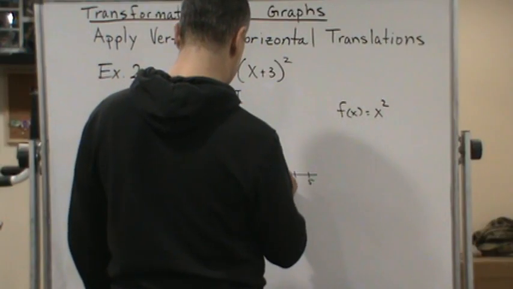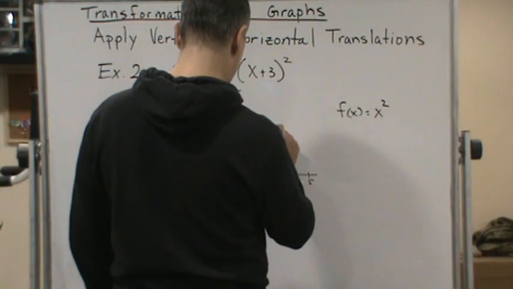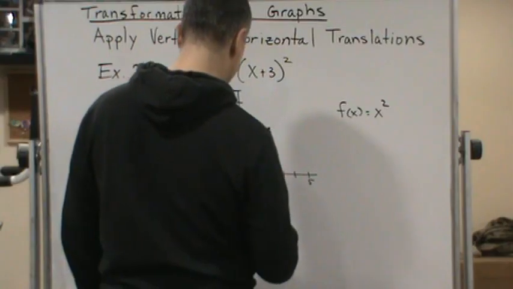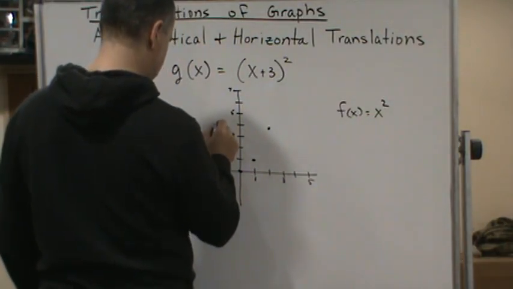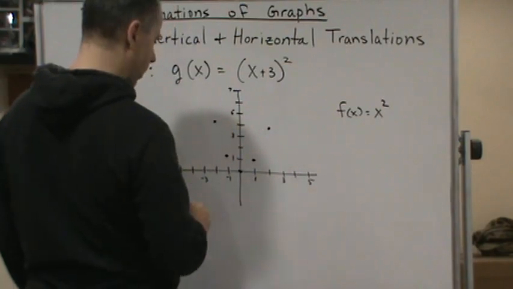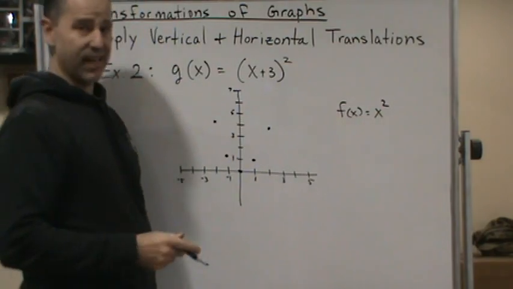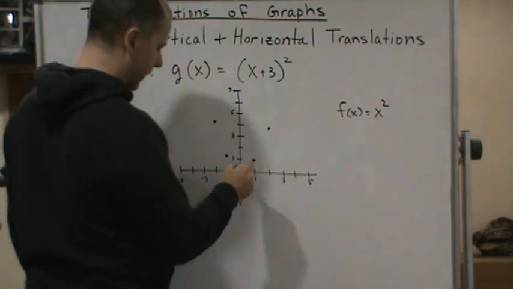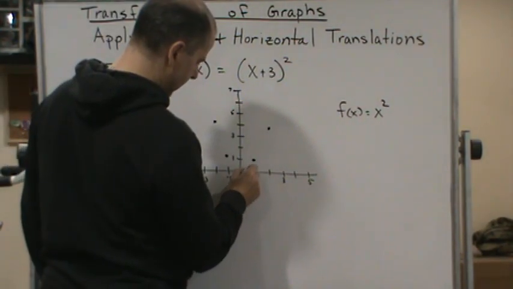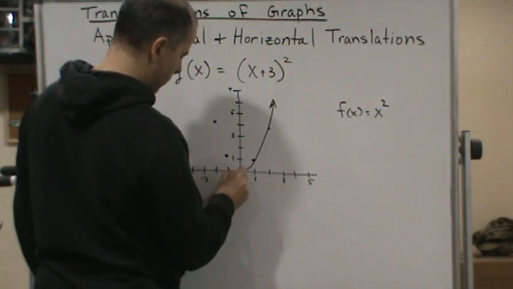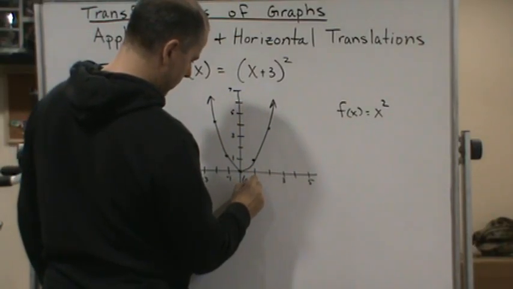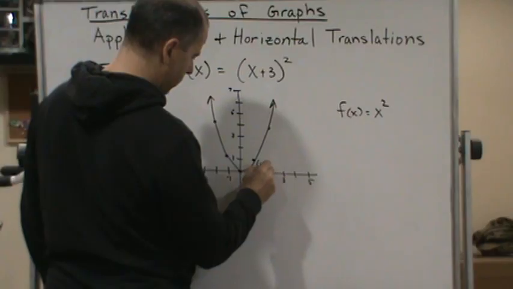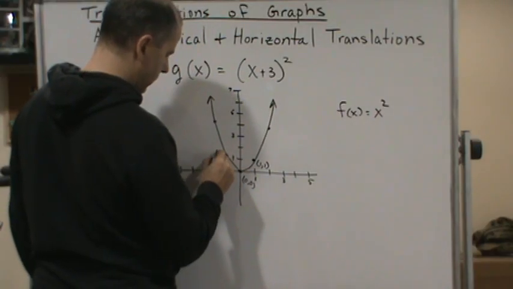So when x is 2, y is 4. When x is negative 2, y is 4. I'm doing 5 points, but I just want to see what this looks like, right? So we've got 0, 0, 1, 1, negative 1, 1.